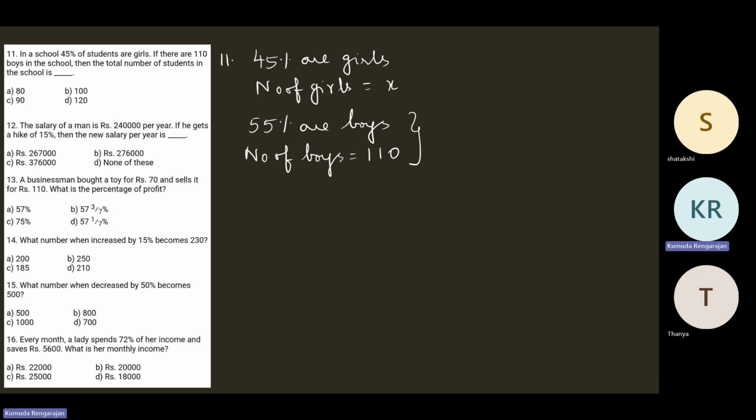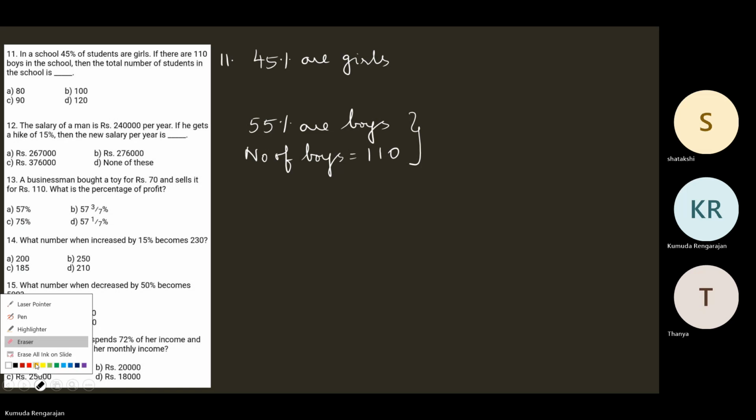So you don't need this actually. You can just write 45% are girls and leave that, because we want percentage and the number. 45% are girls, but number of girls we don't know. So leave that. So 55% are boys and number of boys is 110.